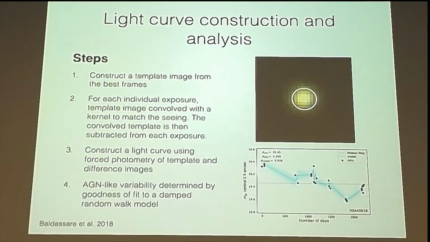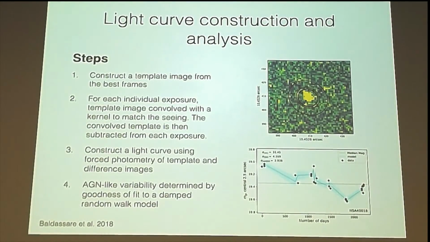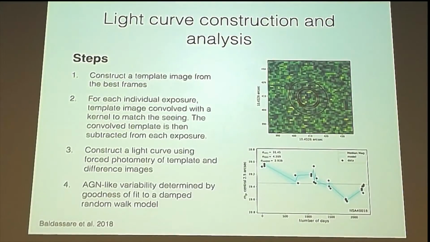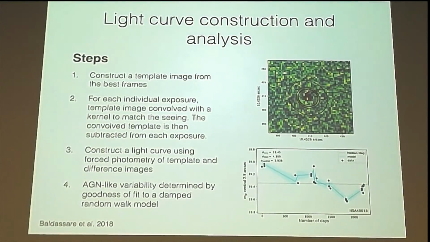And then this is an example of a galaxy that is variable. The white circle there just shows where we're measuring the nucleus variability. And you can see very clearly that the variability pops out against the background.